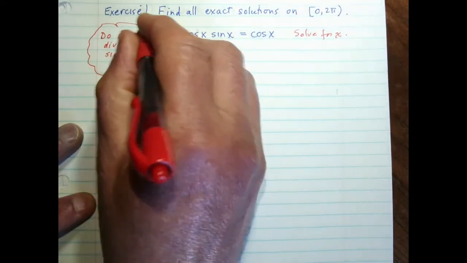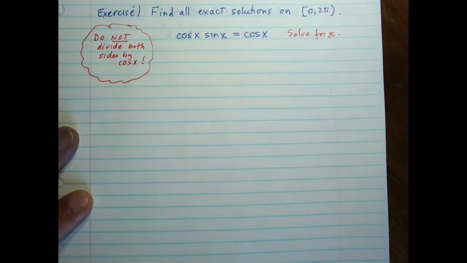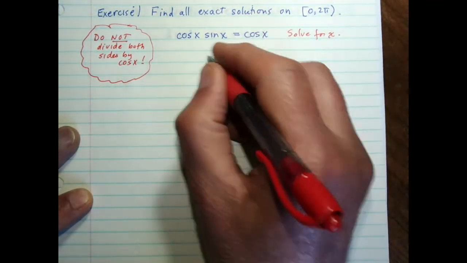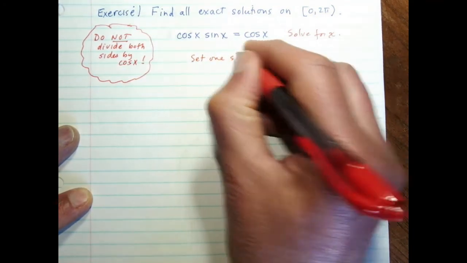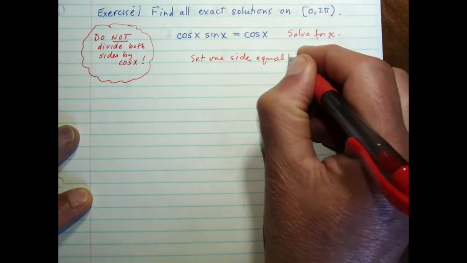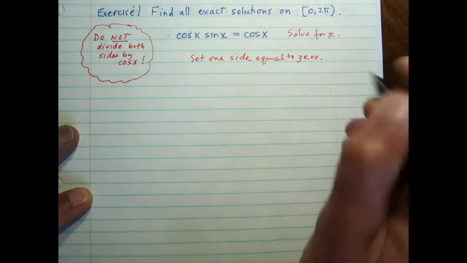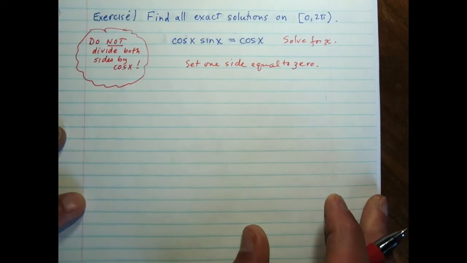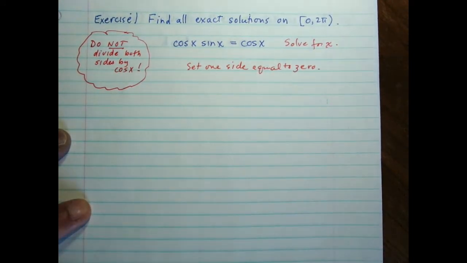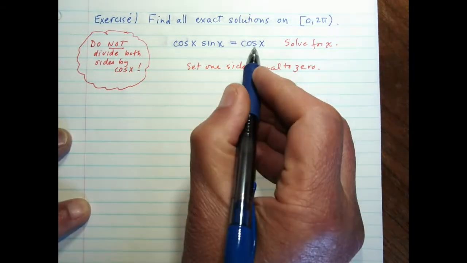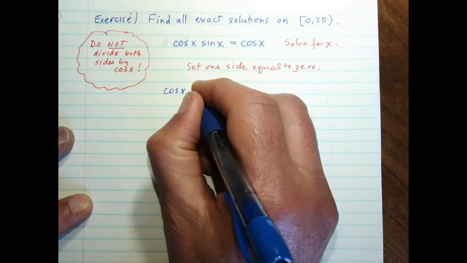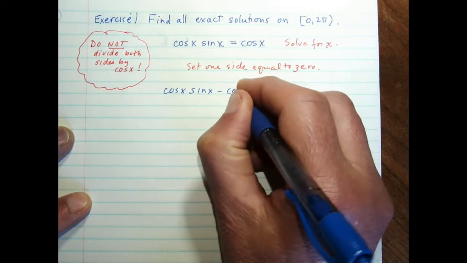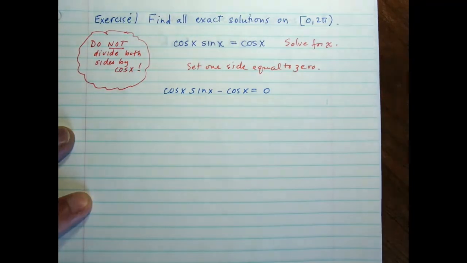And then we'll talk about why this leads to trouble. What I'm going to do here is get one side equal to 0. We're going to be able to use some factoring to help us get through to a solution. So I'm going to subtract cosine x from both sides. This becomes cosine x sine x minus cosine x equals 0.